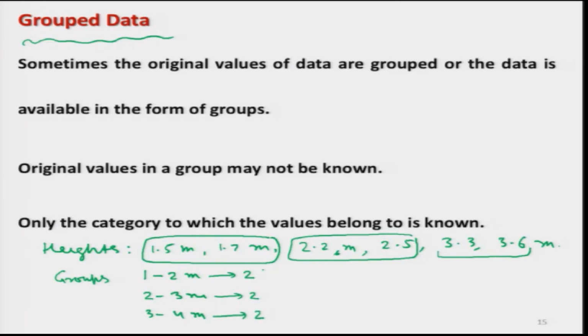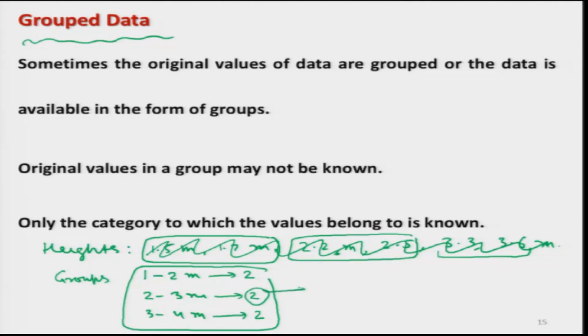Now I will have only this information, and the original information will be hidden. So now looking at this value 2, I cannot find whether this value was 2.1 meter, 2.2 meter, 2.3 meter or something else. I do not know. So these values will become simply unknown to me.